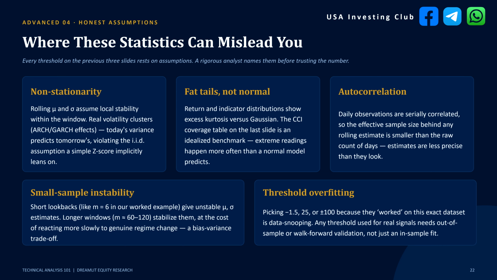Every threshold on the last several slides rests on assumptions, and a rigorous analyst names them before trusting the number. 5 caveats to keep front of mind. Non-stationarity: rolling mean and standard deviation calculations assume local stability within the window, but real volatility clusters, what statisticians call ARCH and GARCH effects, meaning today's variance predicts tomorrow's, which violates the independence assumption a simple z-score implicitly leans on.